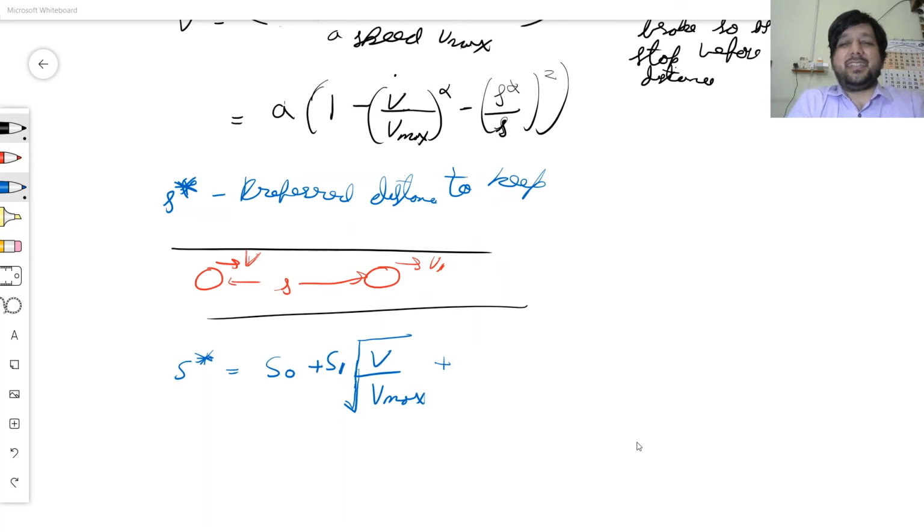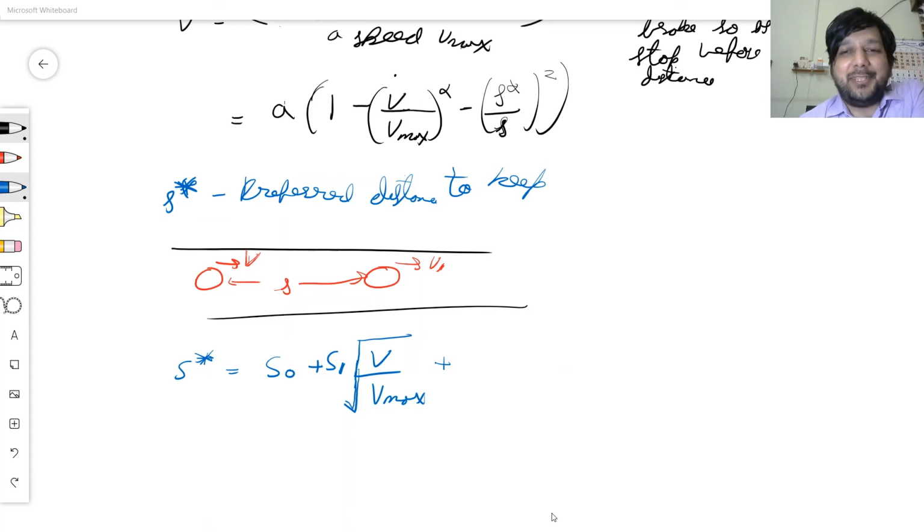For 2 seconds, it's taking from the time your eyes see to your legs reacting. So 100 km per hour into 2 by 3600 hours, for that duration your car is just moving. So your car virtually moves a few meters without any control. That's called the reaction time.